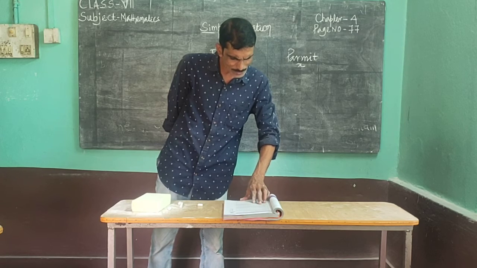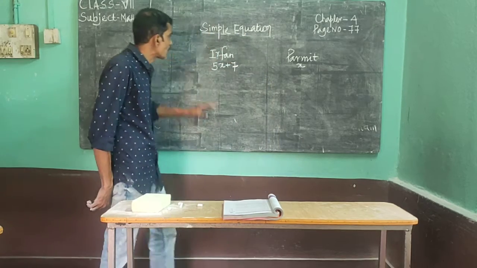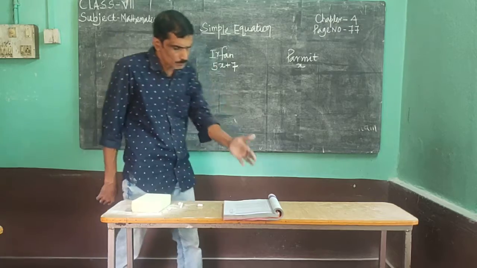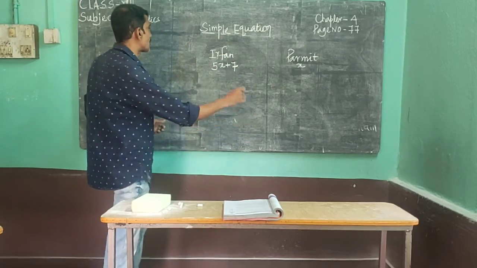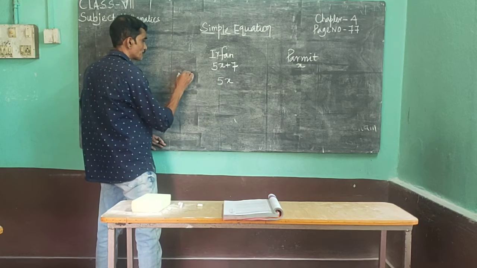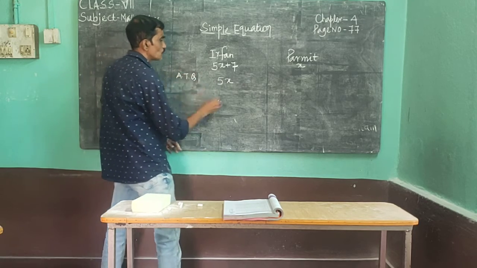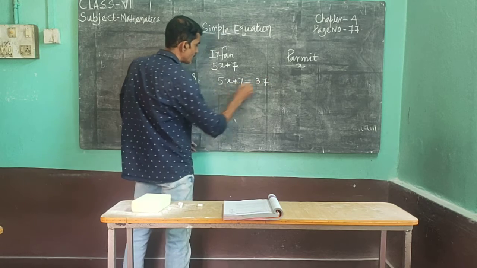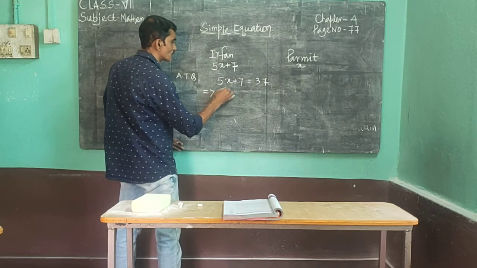Irfan has 37 marbles. So how much has Irfan got now here? 5x plus 7. In the book it is given as 37, so I must equate it. So according to the question, 5x plus 7 is equal to 37. Now solve it, you will get your answer.